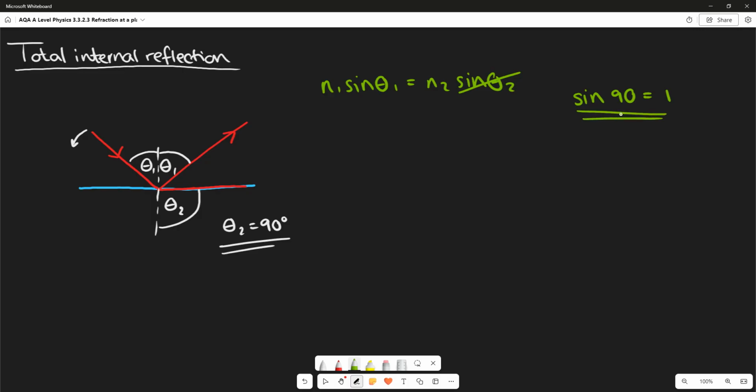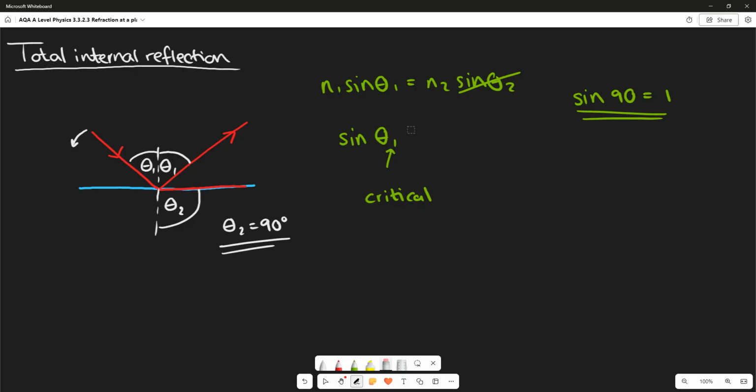This needs to be true in order to make this algebraic assumption. So what we have in the end is that the incidence angle, known as the critical angle, is the angle at which total internal reflection happens. The critical angle is a threshold angle. Above this, you are going to get total internal reflection.